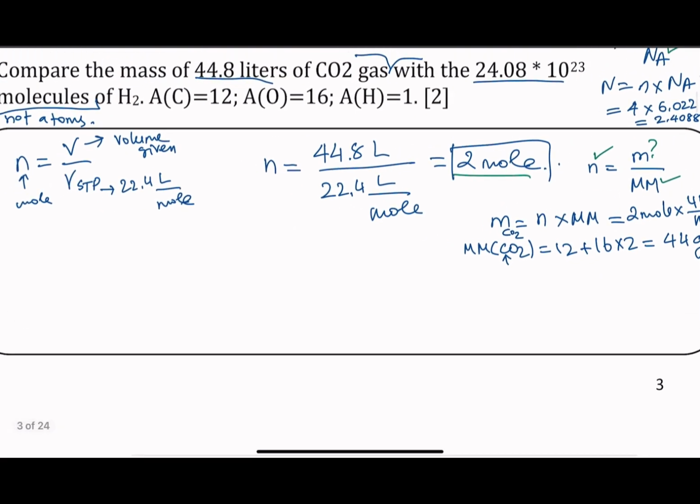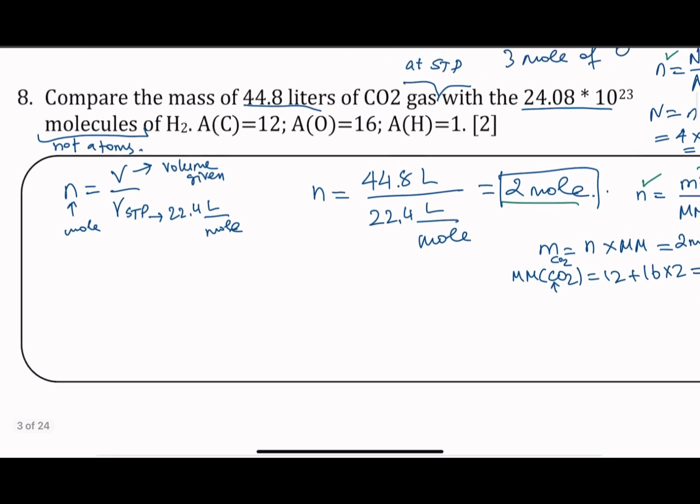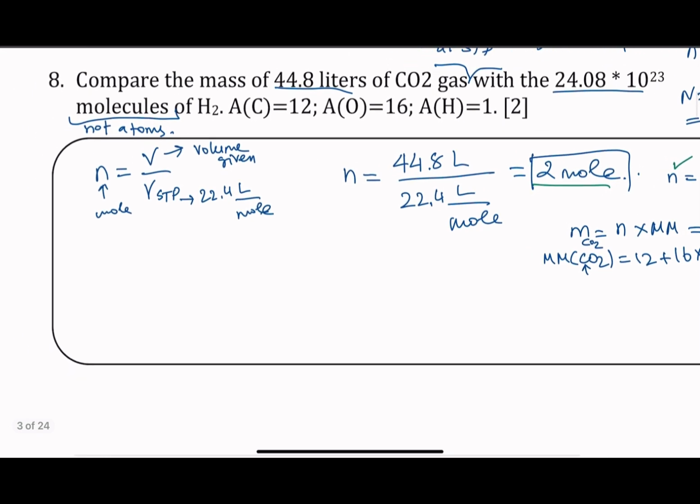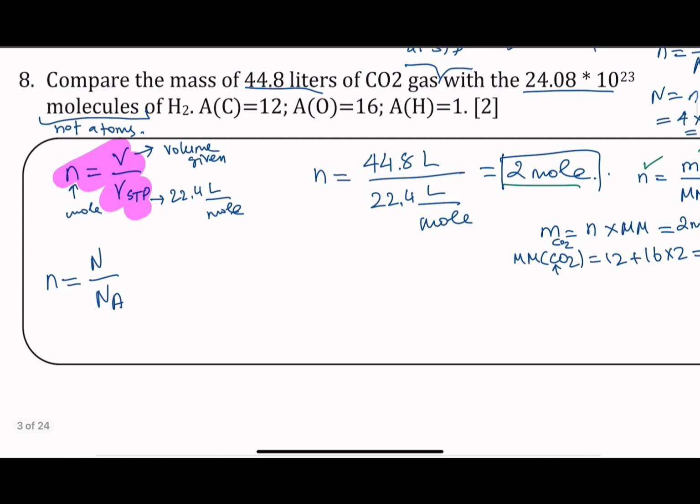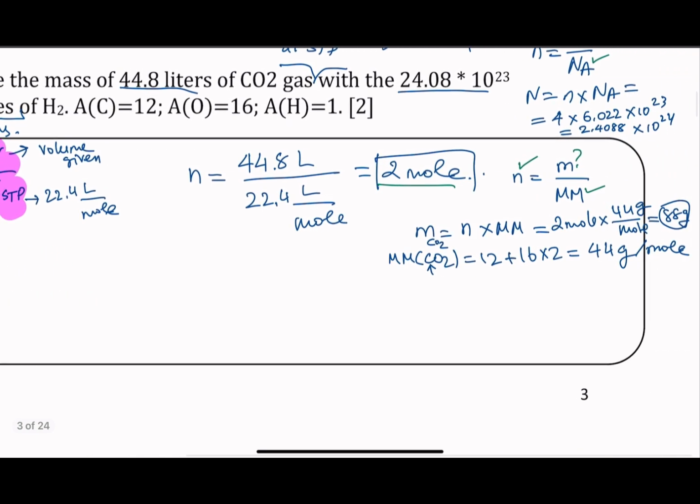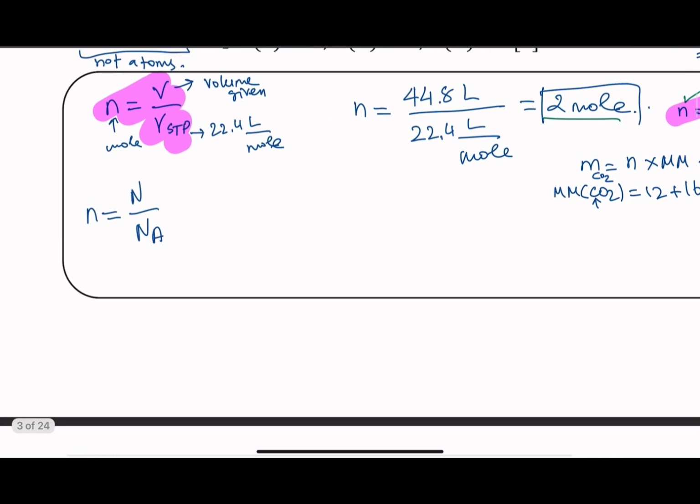Now let's check out the molecules of hydrogen. So you have the formula again, n equals N over Na. So we got altogether 3 formulas, guys. One of them is n equals V over V_STP. The other one is n equals m over MM, mass over molar mass.